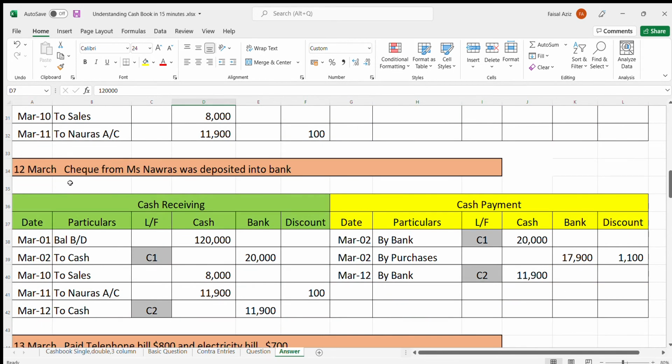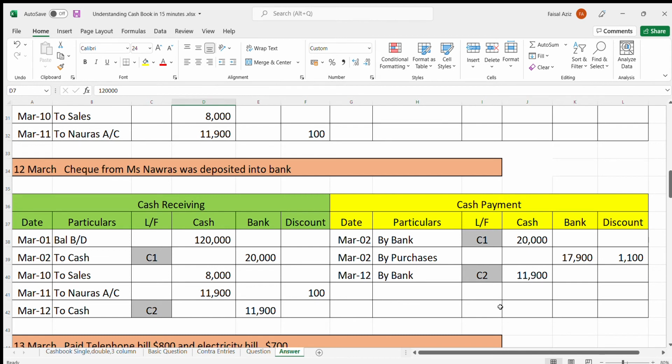On 12th of March, the check from Miss Marwa was deposited into the bank. Now this check, which we had treated as cash, is deposited on 12th of March in the bank. So again a contra entry will come. Through the contra entry we will mention that the cash now is in the bank, and on the right side we will mention cash, since the cash is taken out.